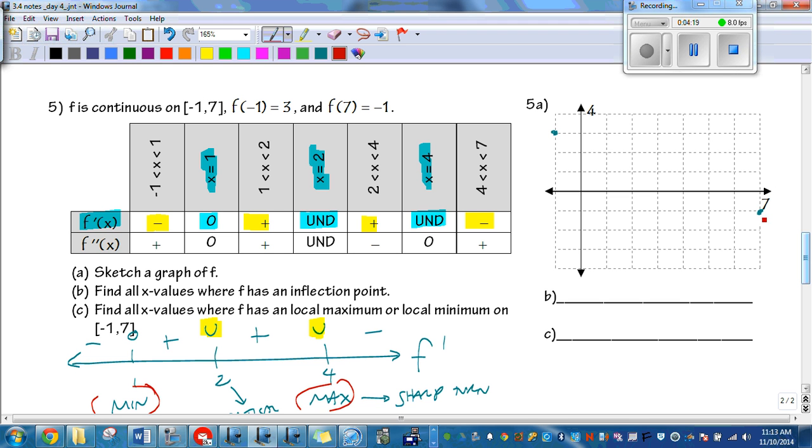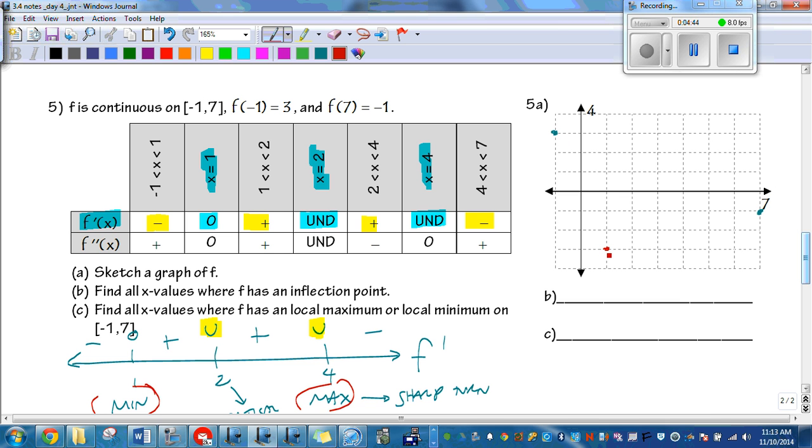It doesn't necessarily have to be lower than this point over here. I mean, it could be right here if we wanted it to be. So it doesn't really matter as long as it's lower than this point. I'm just going to go ahead and put it down here. Again, we could put it at 1, 2, 0, any of these points. I'm just looking for the basic shape and making sure that you have a min, a max, and inflection points at the right x values.